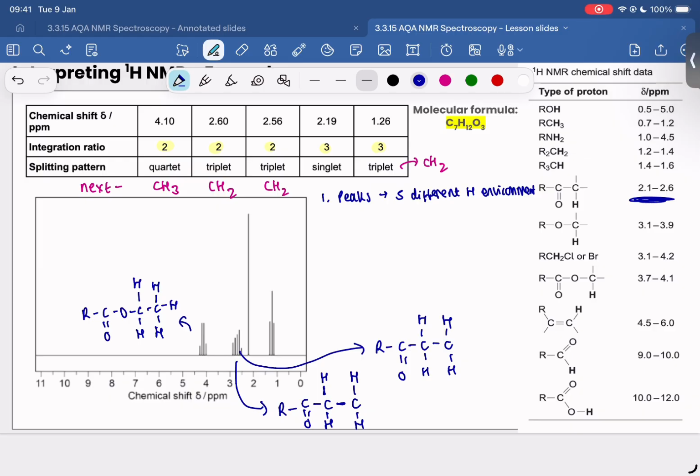And then I'm going to look at the next peak, sorry, which is 2.19. The 2.19 peak, again, seems like it's referring to the exact same chemical shift value, right? So it's going to be RCO. But you can see here that unlike the others, which are attached to two hydrogen atoms, this is attached to three.